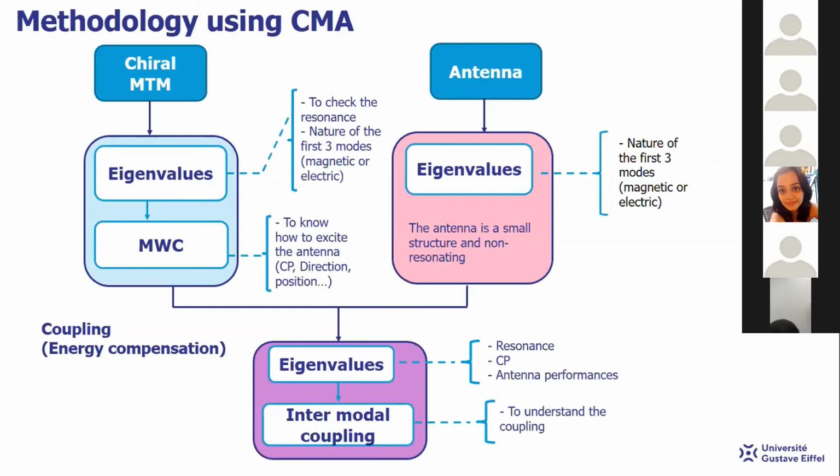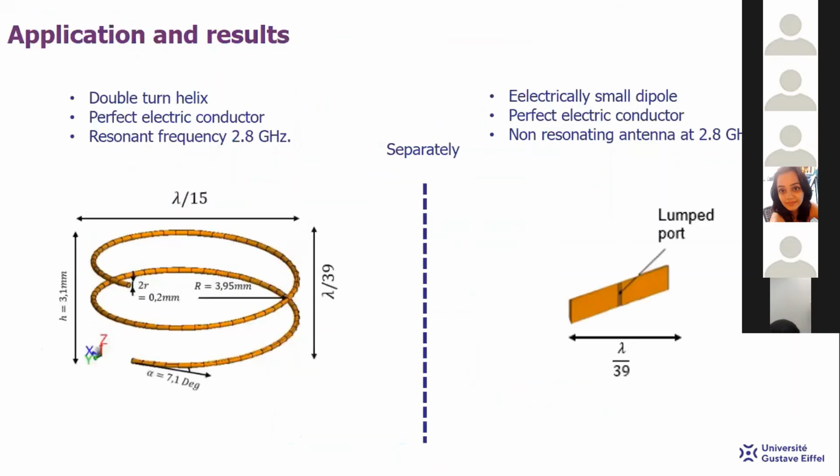So now let's move to the application, how to apply this methodology and how to obtain CP radiation. First of all, as I mentioned, we will analyze it separately. The double turn helix consists of two turns of helix made of perfect electric conductor. The resonating frequency is 2.8 gigahertz.